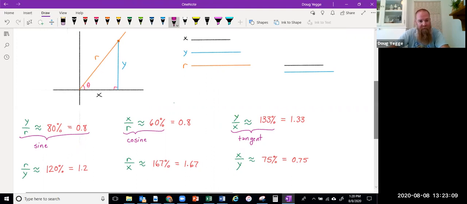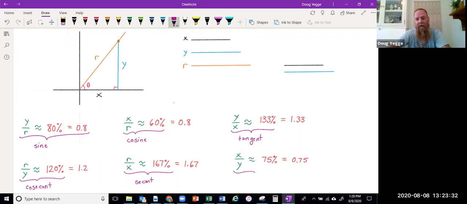So notice that this one over here, R compared to Y, has a name of cosecant. While R compared to X, or in other words, how big is the hypotenuse compared to the base, that's called secant. And finally, this last ratio, X over Y, how big is the base compared to the height, that has a name as well.